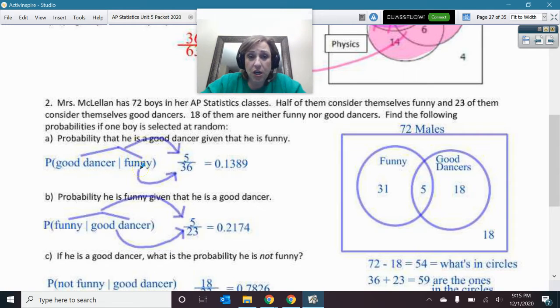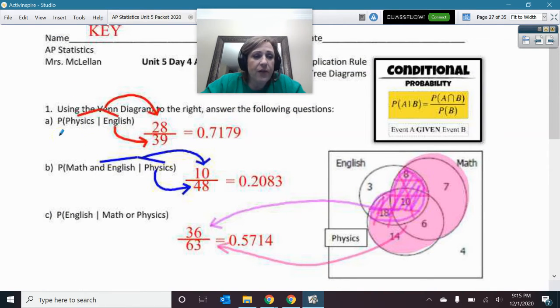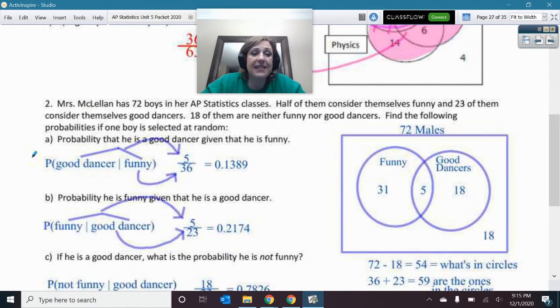Let's talk about the work that's required. This one already has the problem written, but here the work that needs to be shown is this notation here, and then the fraction. That would be the minimum that you would need to show work-wise.